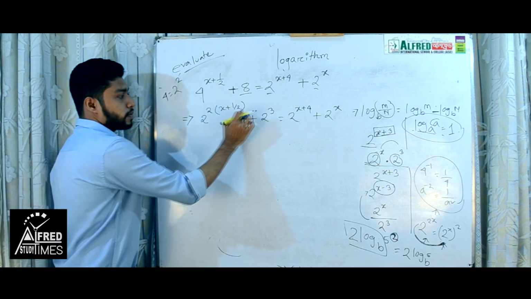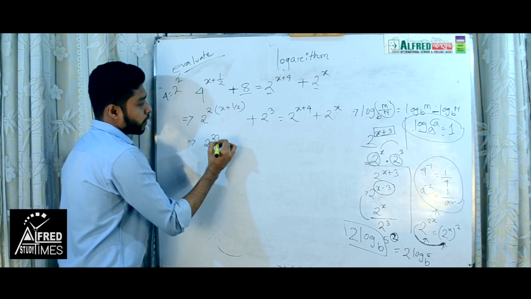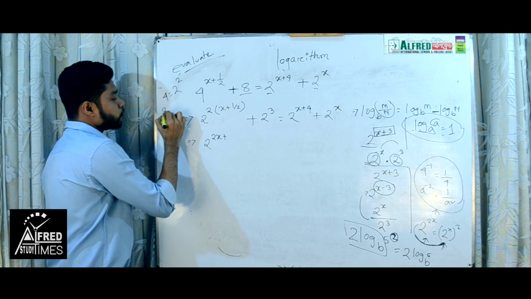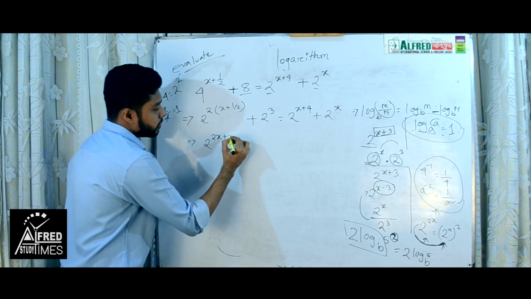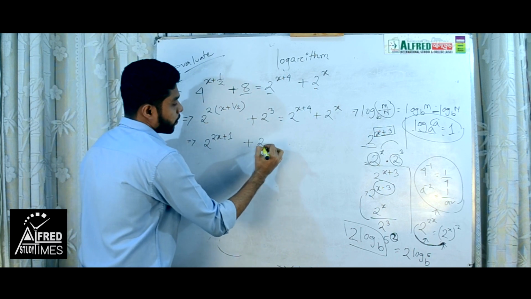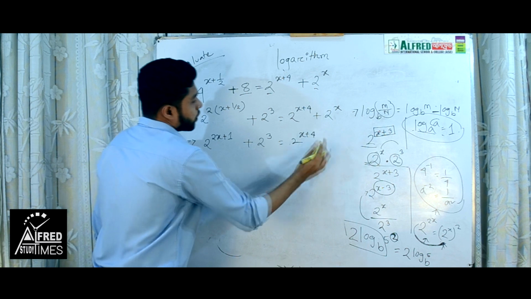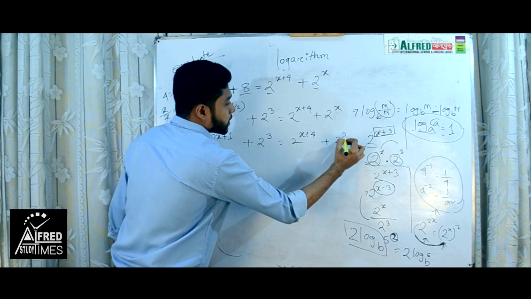Now we can multiply, on both sides you can multiply. 2x plus, if you multiply here it will be 2 by 2, that we can take as 1. Okay, make a 1 plus 2 to the power cube 3, 2x plus 4. Okay, that is my previous math.